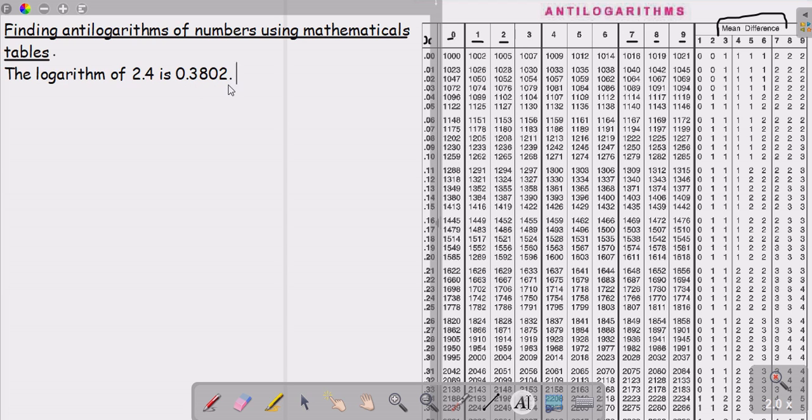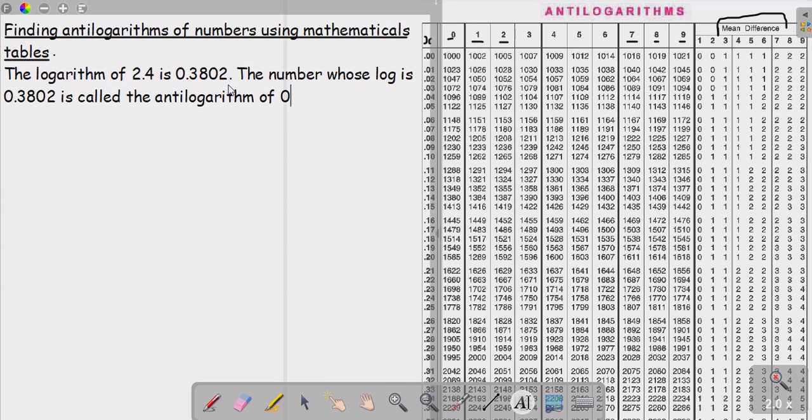Now we can say that the number whose log is 0.3802 is called the antilogarithm of 0.3802, which is 2.4.